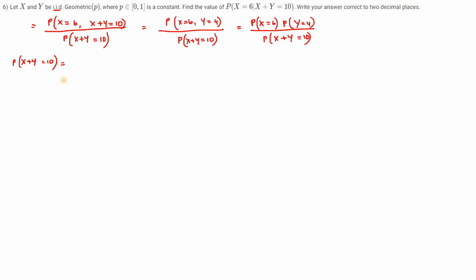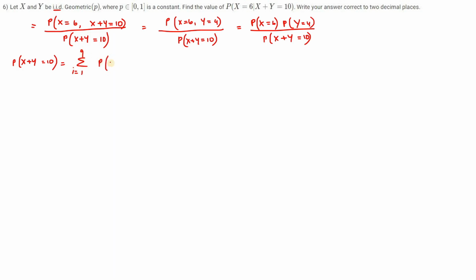Alright, so this is nothing but I'll have to sum over all the different possible values of x and y. I'll just write this as summation of I from 1 to 9. How did we get this 9?